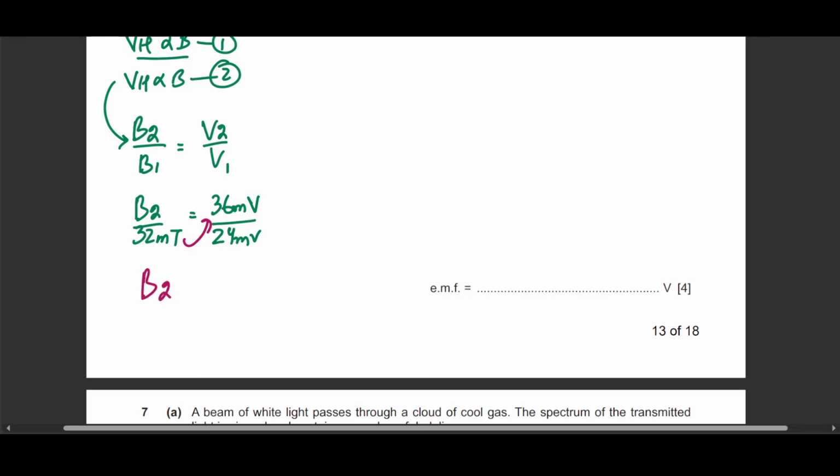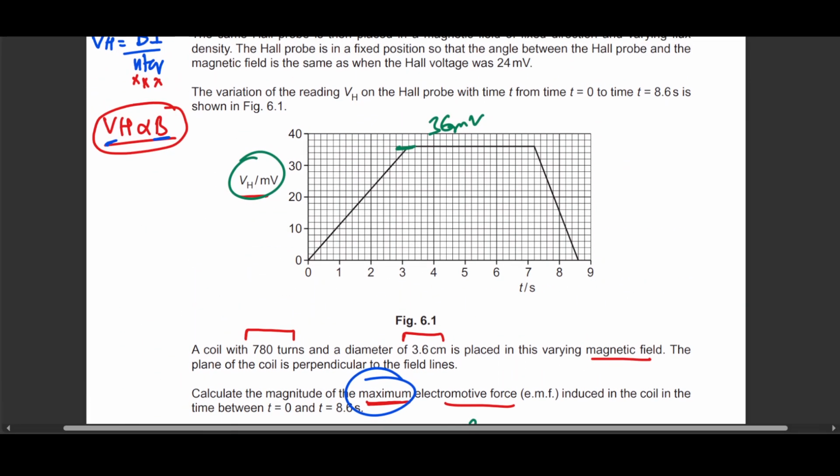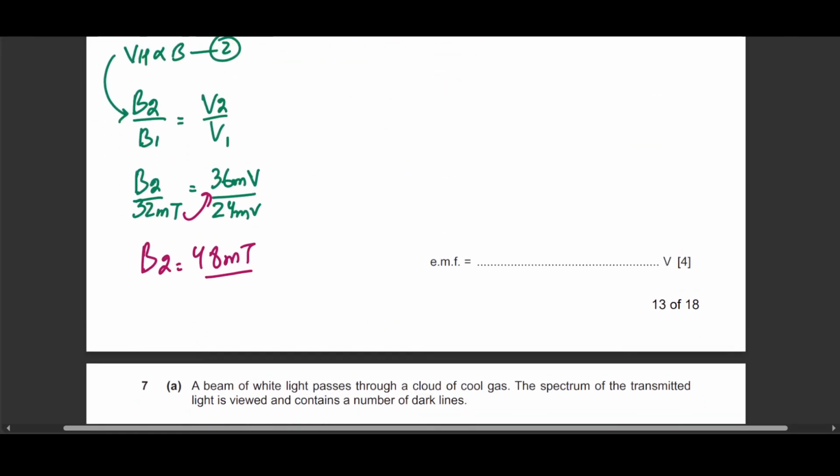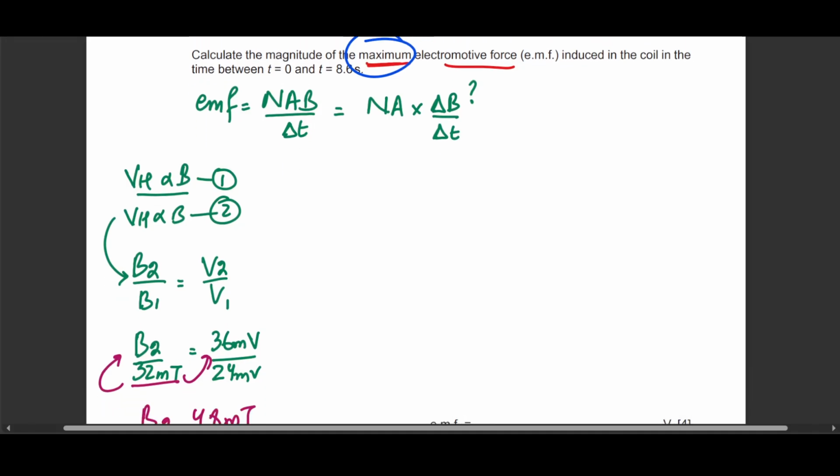So our magnetic field today must have been 48 millitesla to cause an initial value of 24 millivolts to increase to 36 millivolts. It could only be done if the magnetic field was increased from 32 millitesla to 48 millitesla today. So that is where we get the value of B.